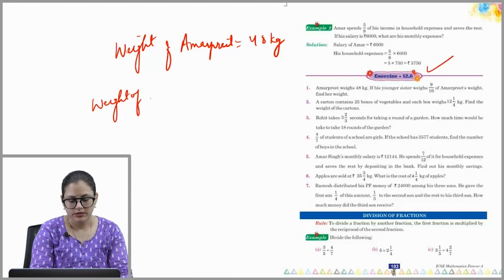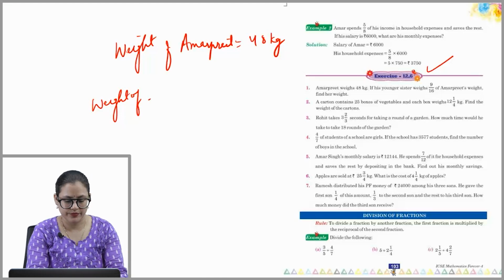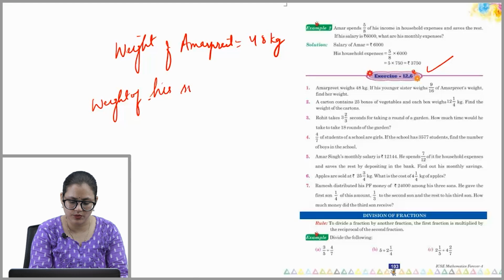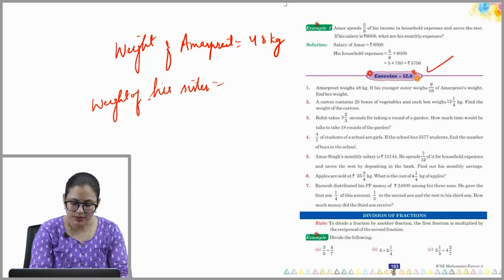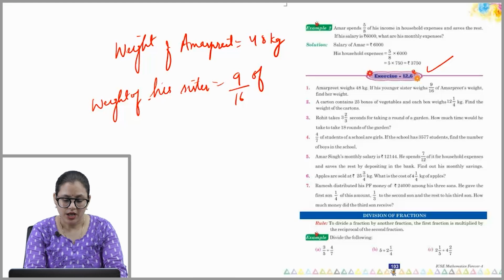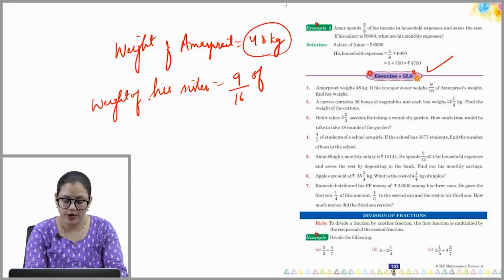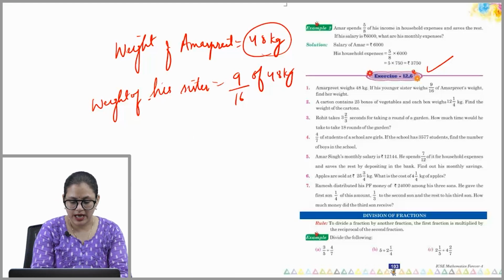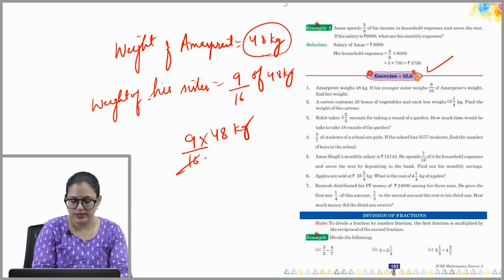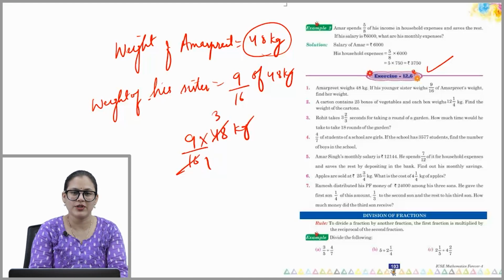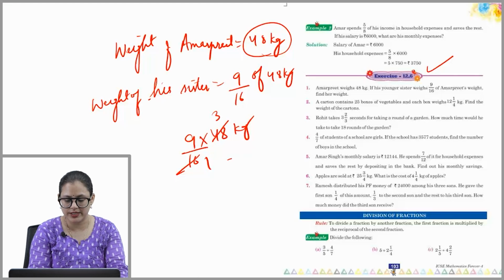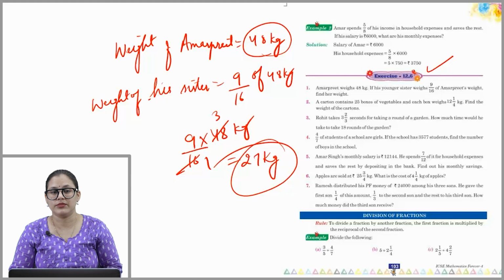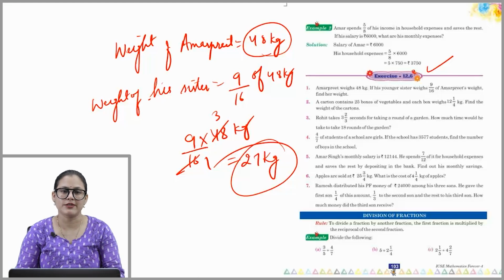Weight of his sister is 9 by 16 of Amarpreet's weight, and Amarpreet's weight is 48 kg. So 9 by 16 into 48 kg. 16 1s are 16, 16 3s are 48, 9 3s are 27. So 27 kg. This is the weight of his younger sister.